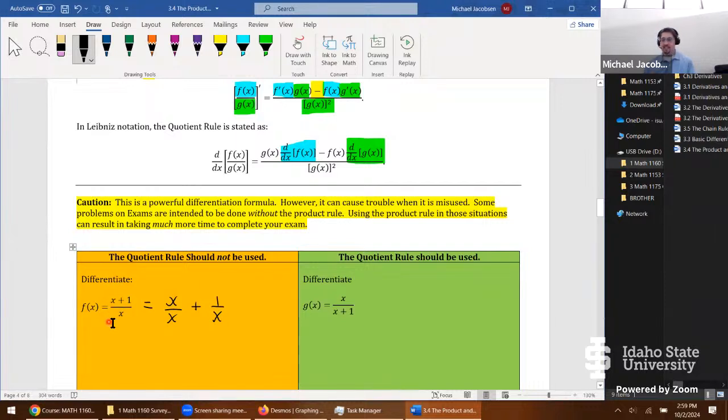But here on the left, that's not easy to differentiate. But on the right, it is. We can simplify x over x to just a 1. 1 over x, our common strategy in section 3.3 is just to bring x up into the numerator. It turns into x power -1.